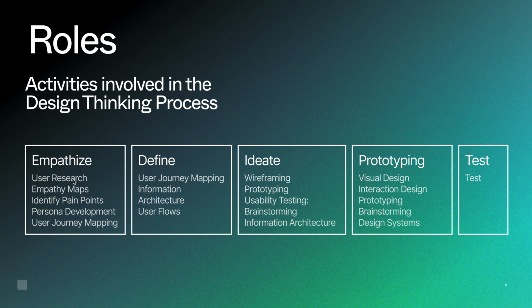So in the empathize phase, we have the user research, the empathy map, we identify pain points, we draw out our user personas, and the user journey map. Now, while it is really important that you know how to do all of these things, not all projects will give you the opportunity to create all of these things, because there are usually some constraints like time constraints and, of course, the deliverables, right?